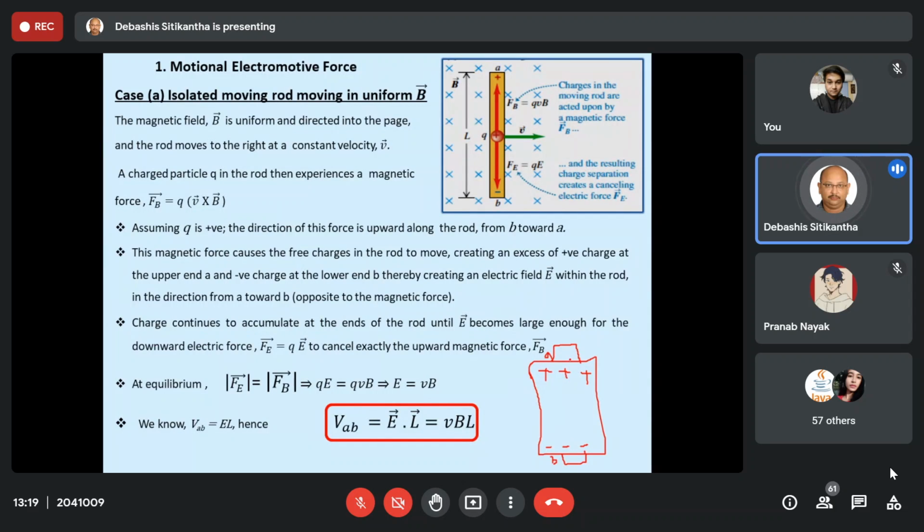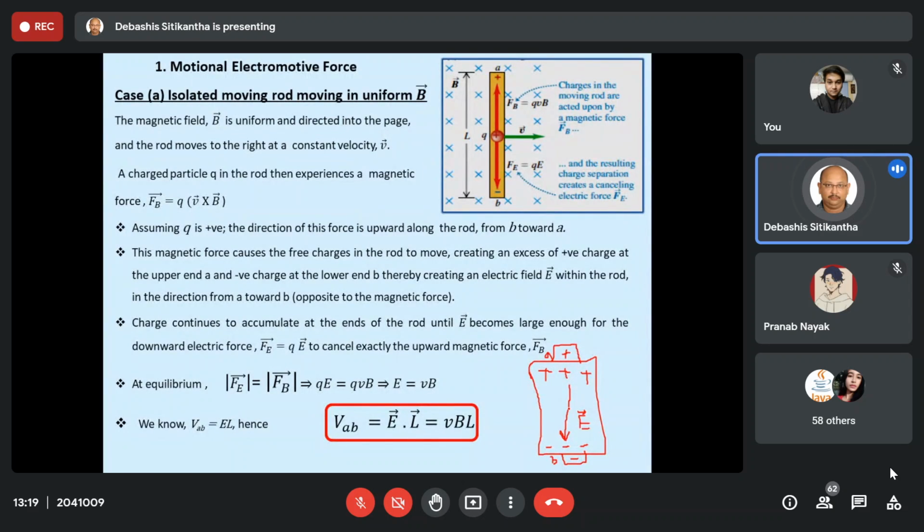Now obviously this one will behave as the positive terminal and this one will behave as the negative terminal. But at the same time, one important thing is taking place: since the positive and negative charges have separated, there will be an electric field E vector which is going to be directed from the positive charges to the negative charges on the other side.